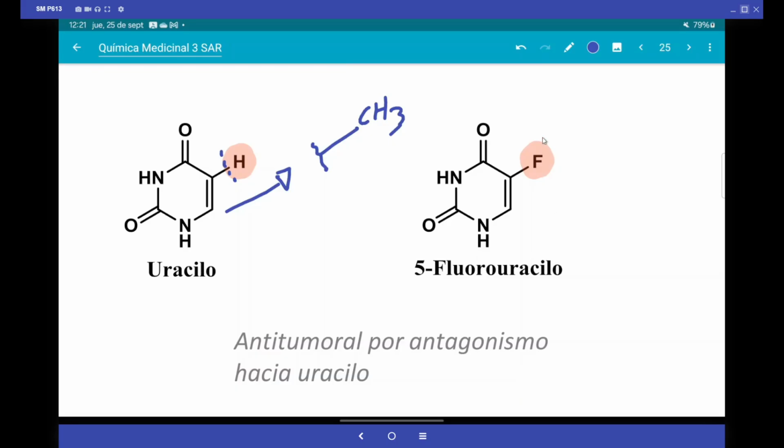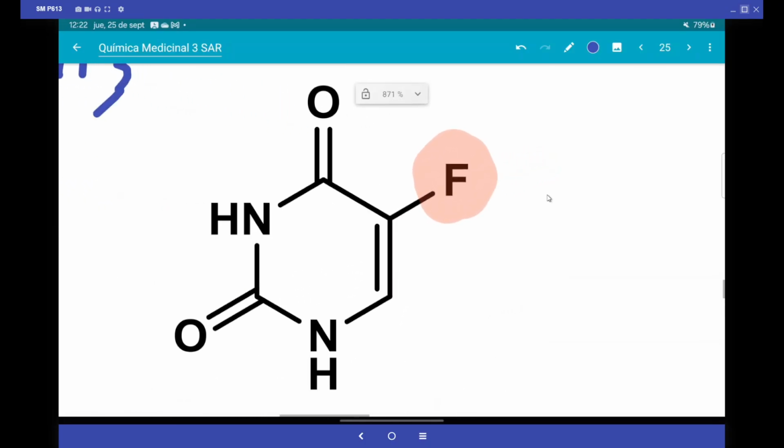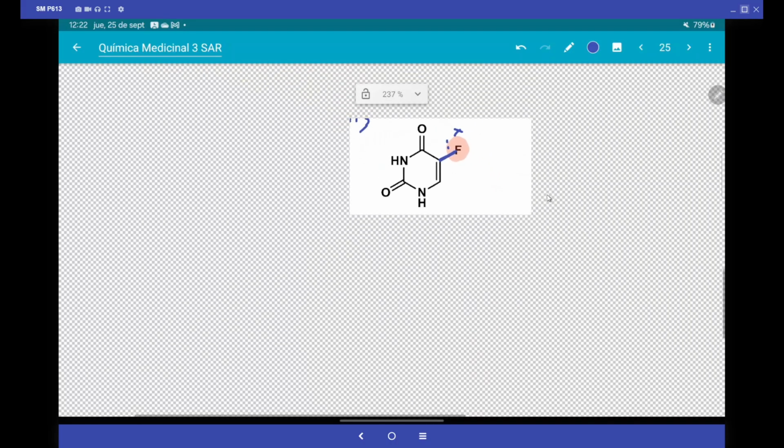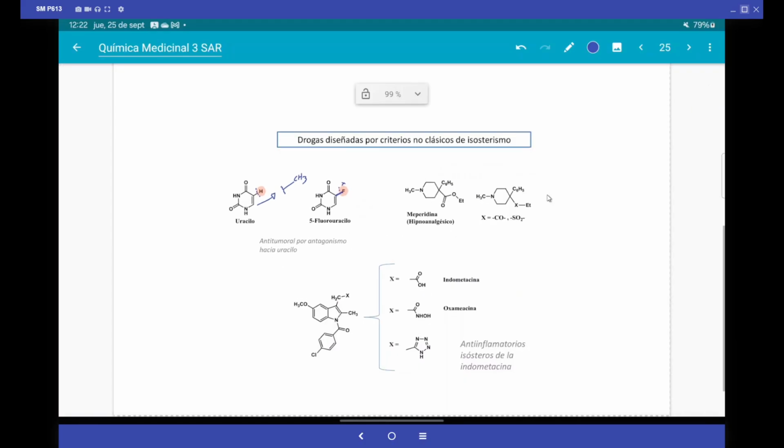Therefore this is an inhibitor of thymine synthesis, because we cannot cut the carbon-fluorine link. That link is very strong energetically, a high energy link. It will not be cut enzymatically. It will stay united, and therefore inhibits the enzyme in a competitive way.